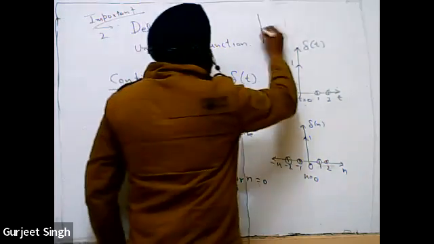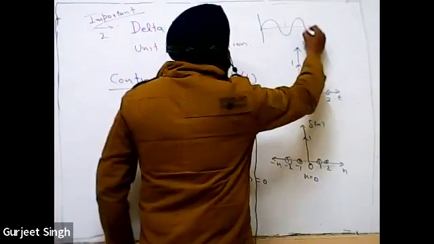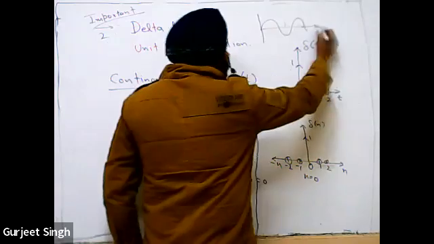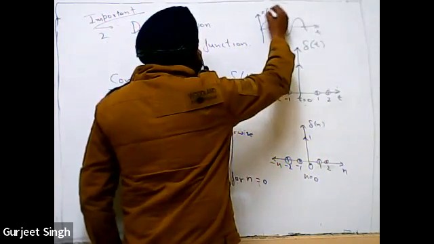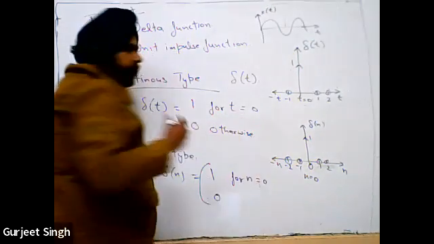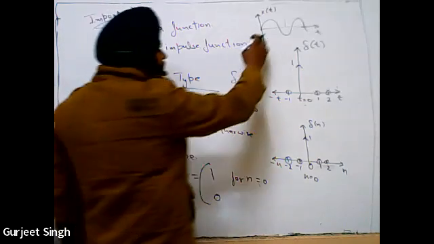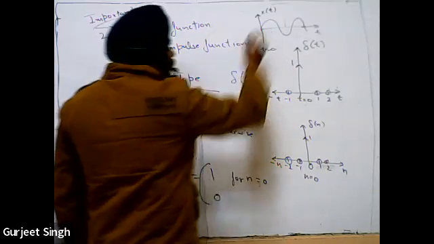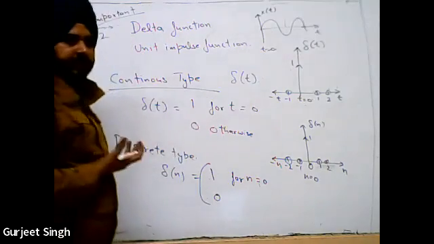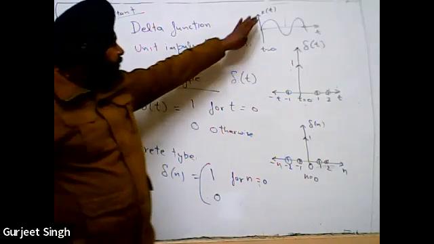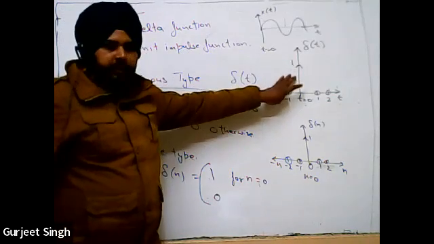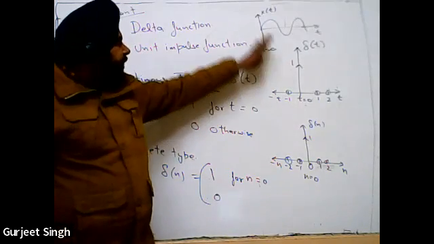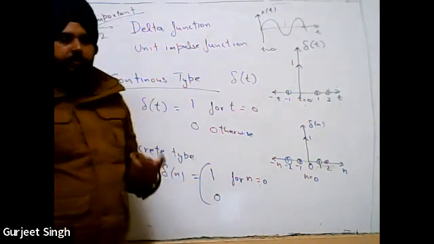Suppose I have this continuous type of signal x(t). If I want to find the value of this signal at t equal to 0, I multiply x(t) with the delta t function. By using this multiplication, I find the value at t equal to 0.